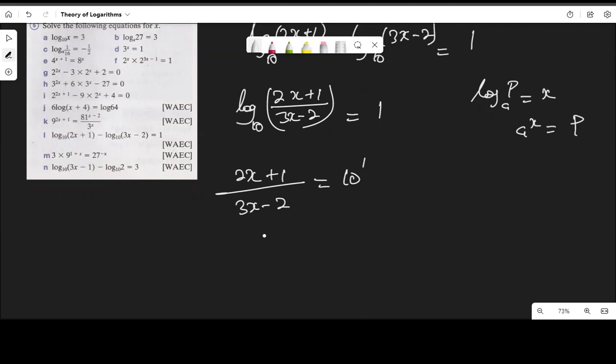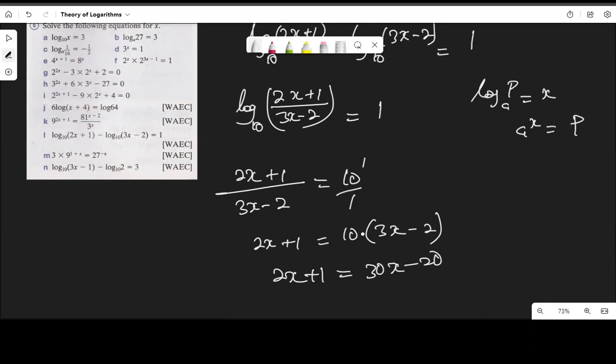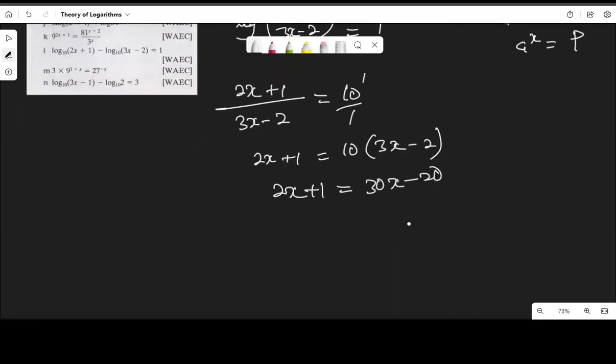Cross multiply, I'll have 2x plus 1. Remember, this 10 is over 1. 2x plus 1 equal to 10 multiplied by this 3x minus 2. So 2x plus 1 is equal to 30x minus 20. 10 times 3 is 30, and 10 times negative 2 is negative 20.